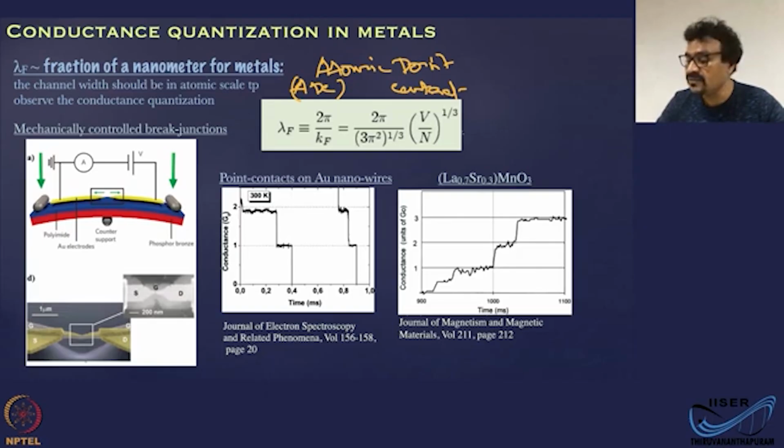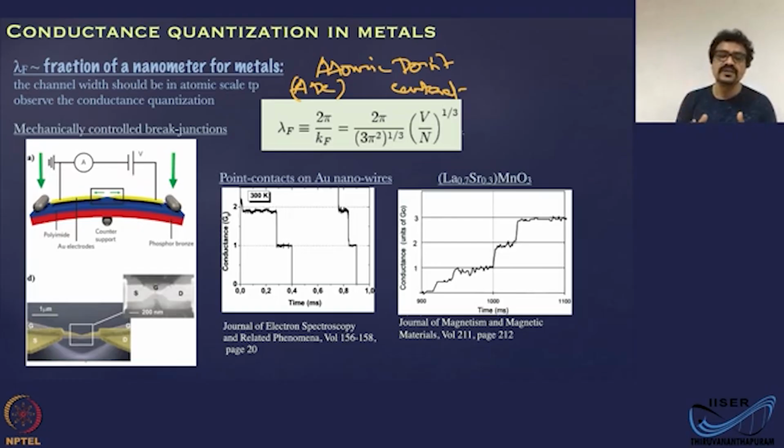The λF is of the order of the interatomic distance or interatomic scale. So what that means is, to observe this effect, you need to have the device dimension comparable to λF or smaller. Then only you can see the quantization effects. And for metals, what that means is the dimension should be of the order of interatomic spacing.